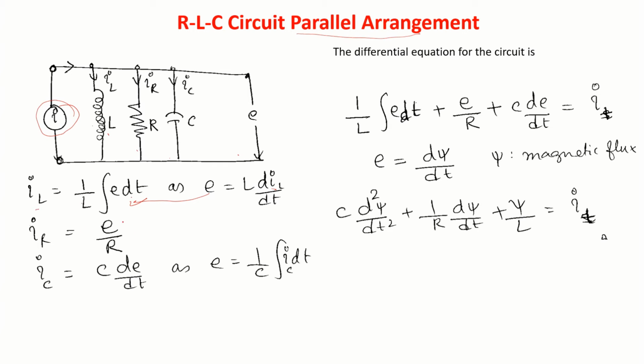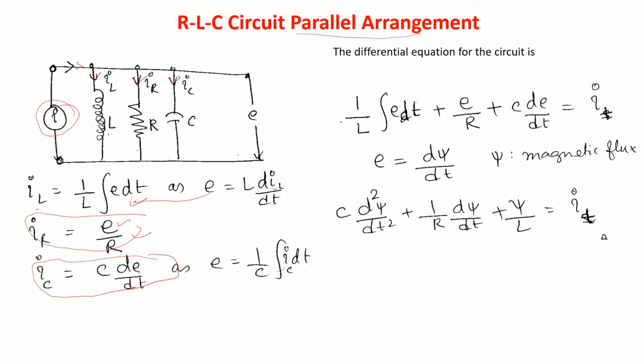For the resistor, E is equal to I times R, so IR should be E by R. Similarly, E is 1 by C integral of IC dt. If I differentiate, dE by dt is IC by C, so cross multiplying you get IC. Since I know the voltage values, I can easily find the current values. According to this, the total current must be equal to the current through this plus this plus this.